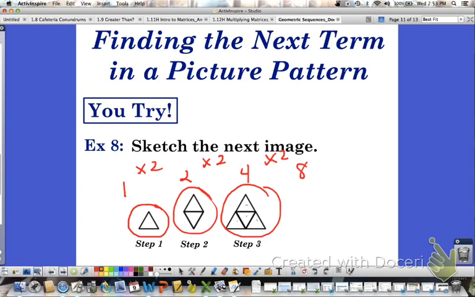So maybe your picture looks something like this. Here's my 4. That looks like step 3, but if I put another 4 on there, in other words, if I double it, does your picture look something like that? Hope so. That's what step 4 would look like.